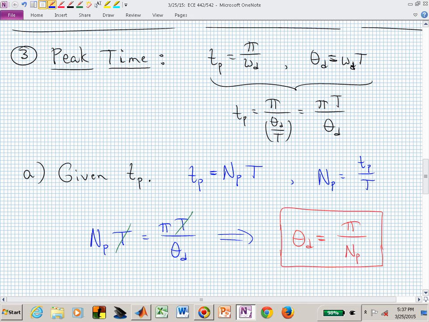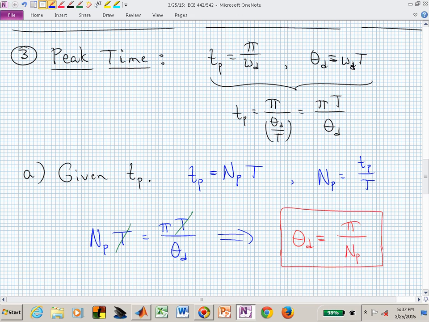We can relate that damped frequency of oscillation to our digital angle, theta sub d, by recalling that theta sub d is omega sub d T. If we combine those, now we have a way of relating our peak time to theta sub d, our angle in the z-plane, where peak time is pi T over theta sub d.